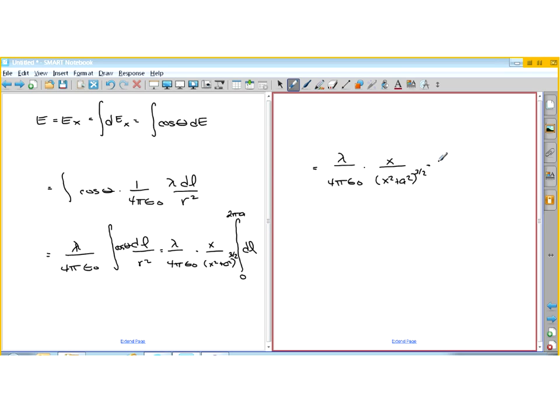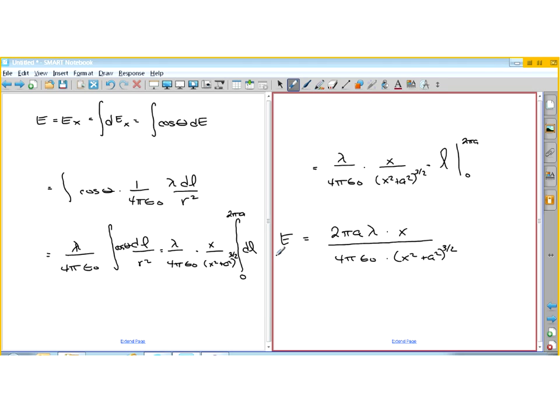And when you integrate dl, you get L evaluated between 0 and 2 pi a. When you plug in L equals 0, you get 0, so we just get the upper limit, 2 pi a, and I'm going to move it out front. So you get 2 pi a times lambda times x, all divided by 4 pi epsilon 0 times x squared plus a squared to the 3/2 power.